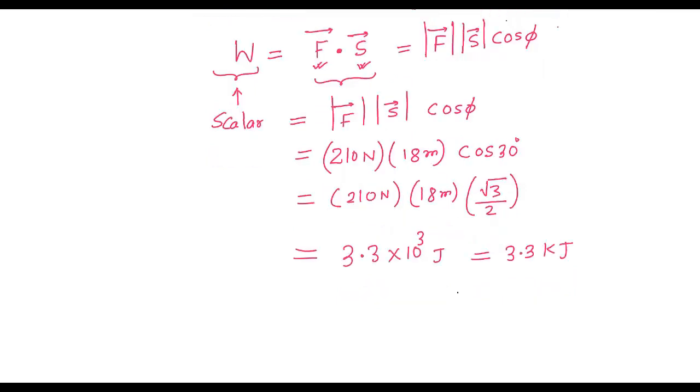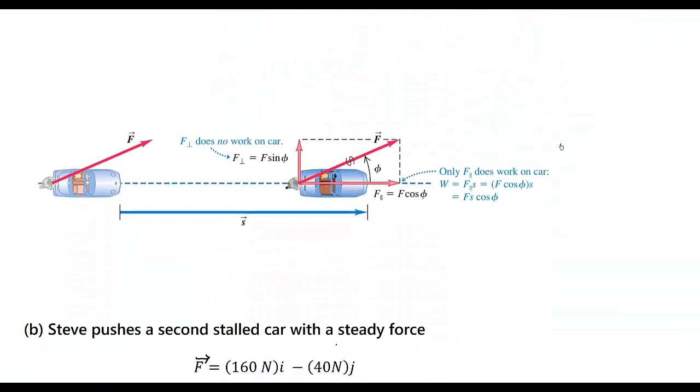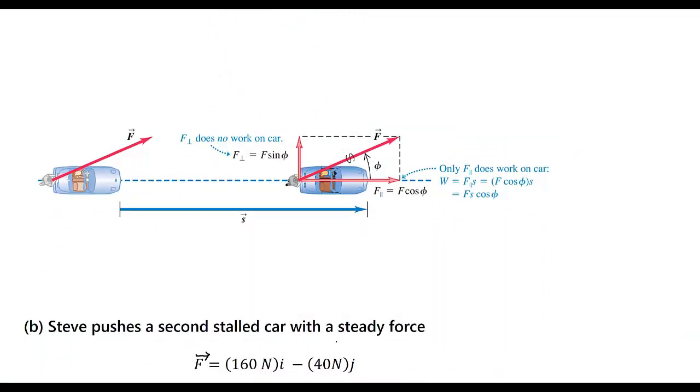We can represent all this using this diagram. This is the initial situation, where the car is here, and then it has moved by a distance of 18 meters. Now, this force can be decomposed into two components. One component is in this direction, that is F cos phi.